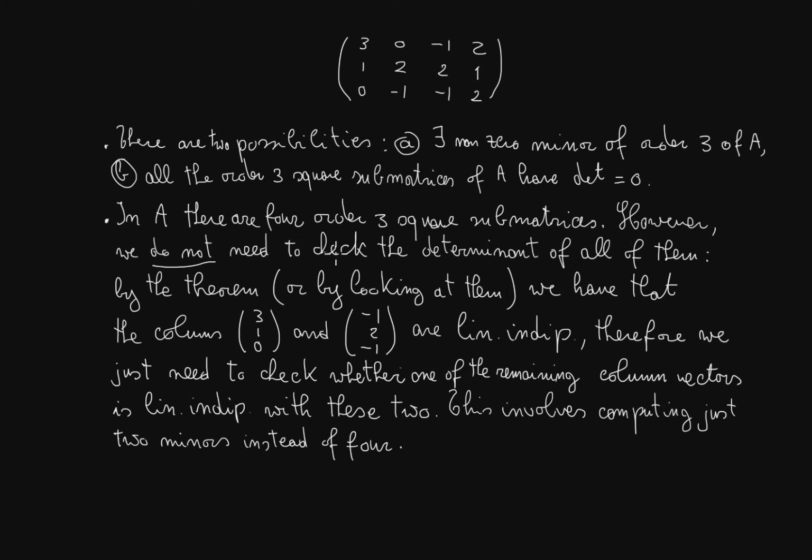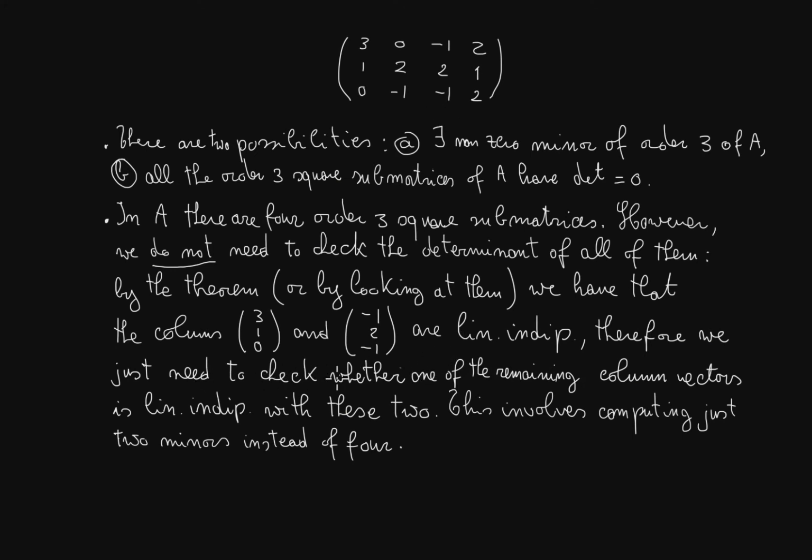However, we do not need to check the determinant of all of them. By the theorem or by looking at them, the columns 3, 1, 0 and negative 1, 2, negative 1, that are the first and the third column, are linearly independent because simply one is not a multiple of the other.